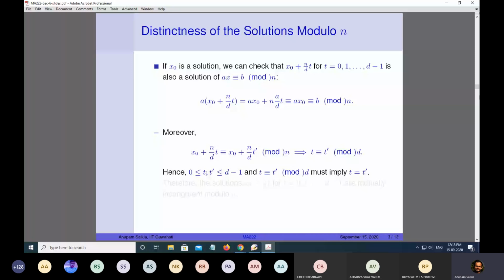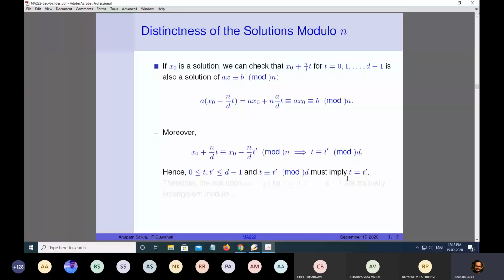So if t minus t dash is a multiple of d, say t is bigger than t dash, and we are saying that multiple is basically 0 times d. Otherwise, t will be t dash plus d times 1, suppose. That means this t will go out of the range d minus 1. It will be some positive multiple of d plus something non-zero, so it will go out of that. So the only way is that they are not just equal mod d, in fact they are equal.